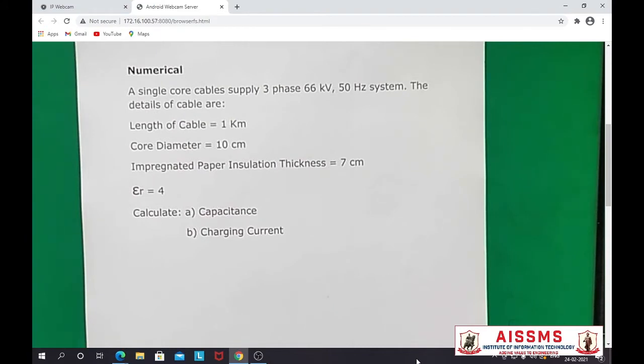The details of the cable are: length of cable 1 km, core diameter 10 cm, impregnated paper insulation thickness 7 cm, epsilon r 4. Calculate capacitance and charging current. So let us solve the numerical.